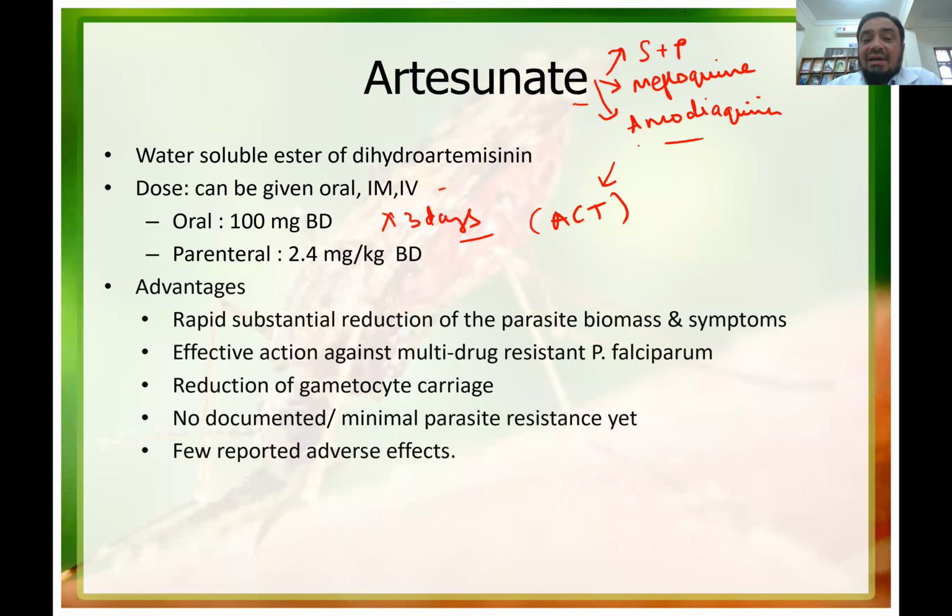When we combine artesunate with other drugs, artesunate is given for 3 days, and WHO does not recommend that an artemisinin compound should be given as a single drug. Why? Because it should be given for a period of 5 to 7 days to prevent recrudescence.